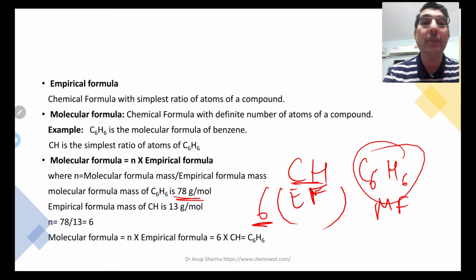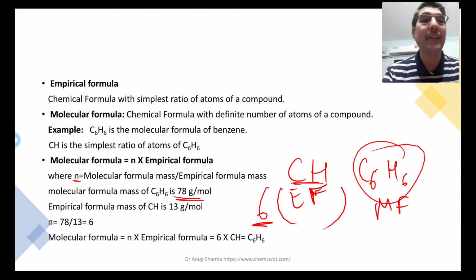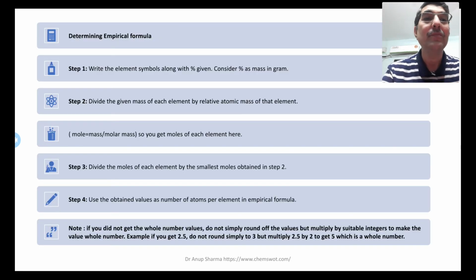So 78 divided by 13 is 6, and that is the factor. So n equals molecular formula mass divided by empirical formula mass, and that is how we use it as and when we need it in calculations.